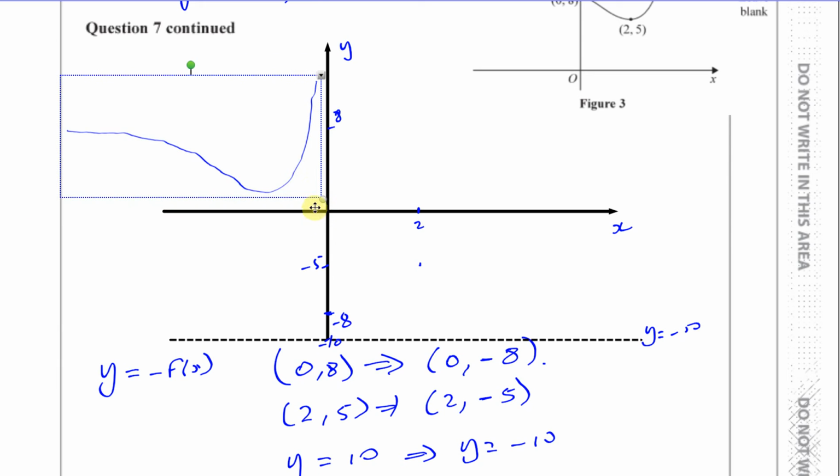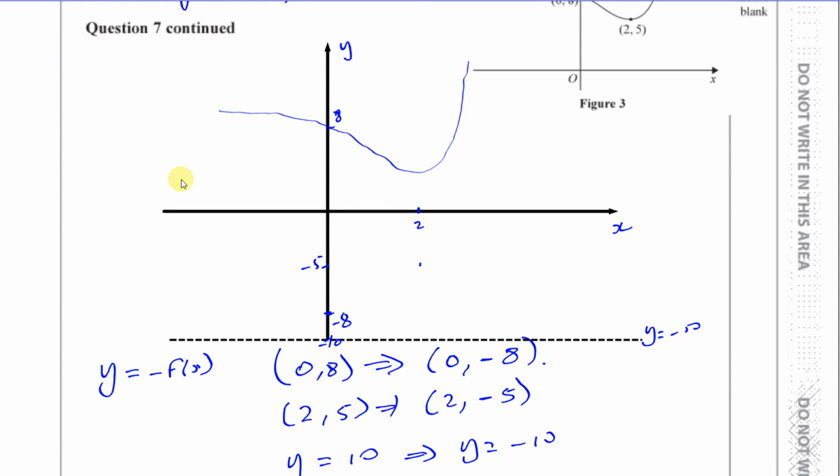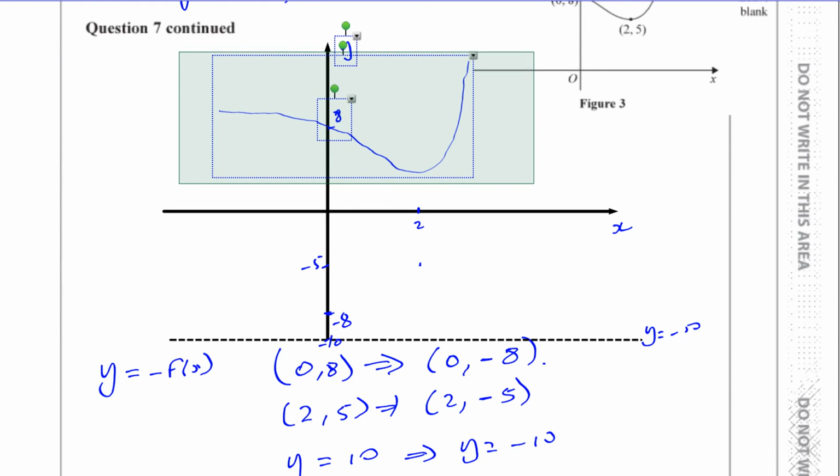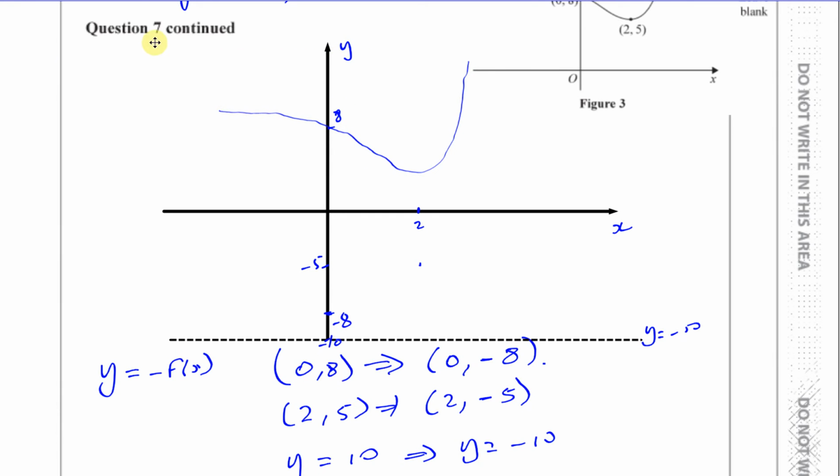Okay, so I'm going to take this. Anyway, I'll give up with that, sorry about that. So what I'm going to do is just draw it, this is what happens when you try and cheat.